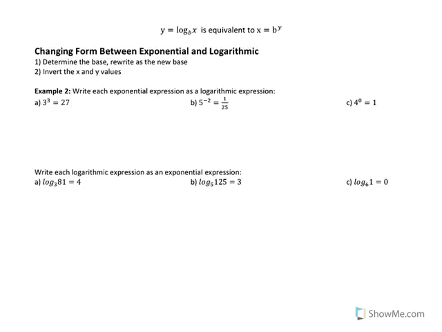So this becomes useful for us because that means we can change forms from logarithms to exponentials very quickly and very easily, and vice versa. So the way that it works is your b remains the base no matter what, and then we flip our x and our y positions.